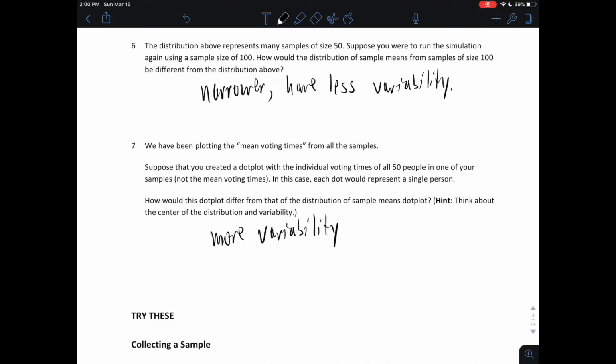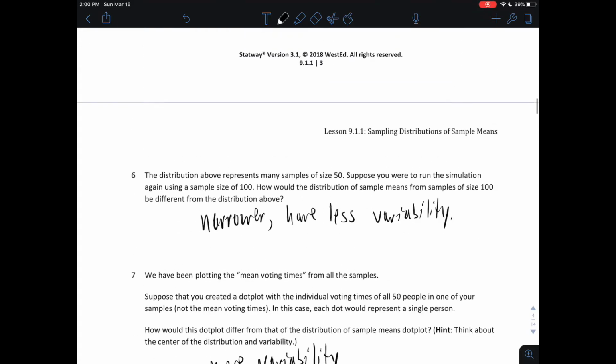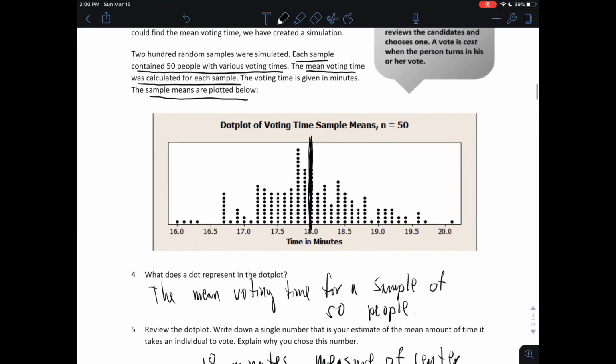And also as a center, remember that each of the dots that we had in the above dot plot are all sample means. So each one of these represents a center of a sample. And if you look at the distribution of all of these, on the far left, we've got a dot right at 16 minutes, which means that's the center of a sample of 50 people.